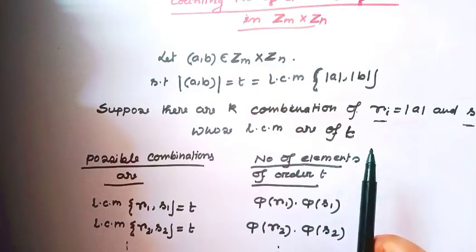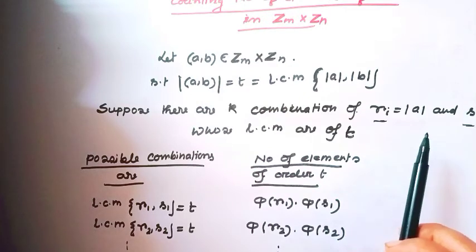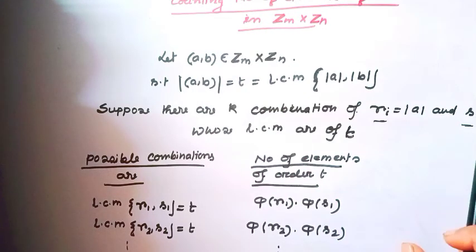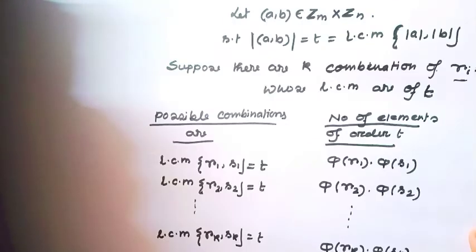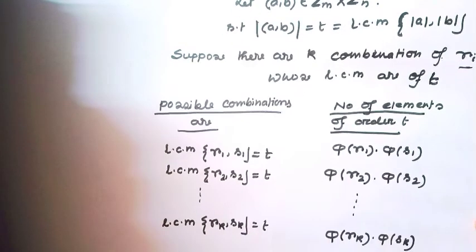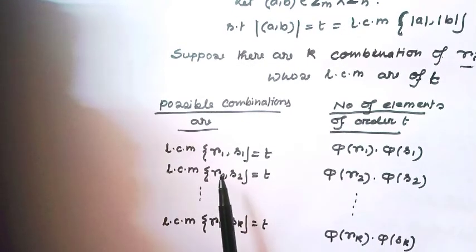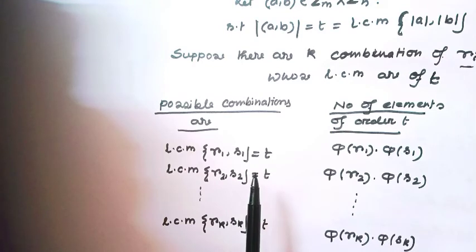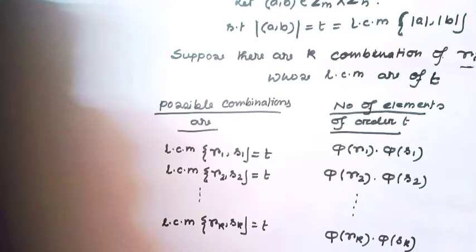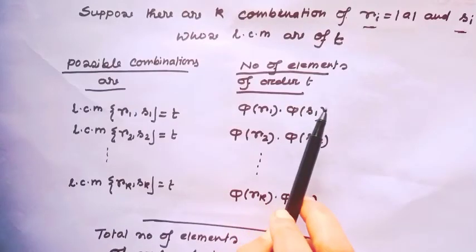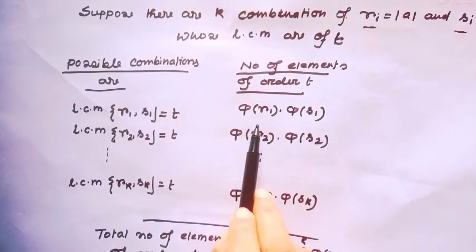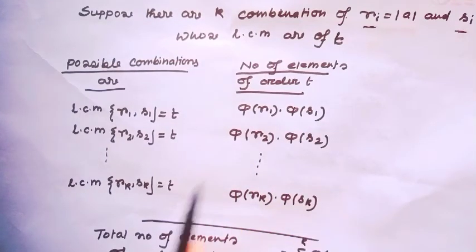Suppose there are k combinations of ri, which is order of a, and si, which is order of b, whose LCM are t. Then the possible combinations are LCM of r1, s1 equal to t, and the number of elements of order t equals phi r1 times phi s1.